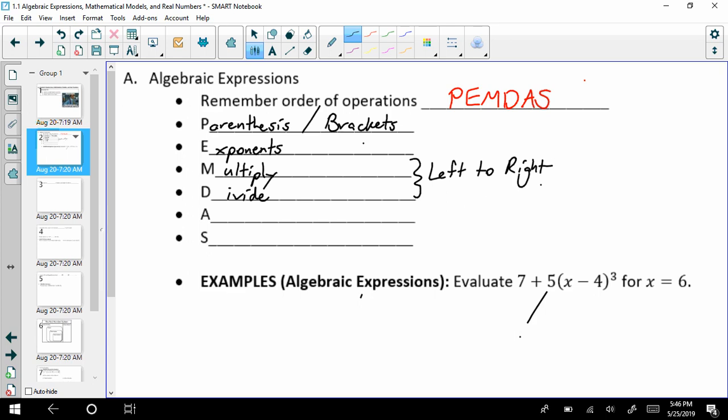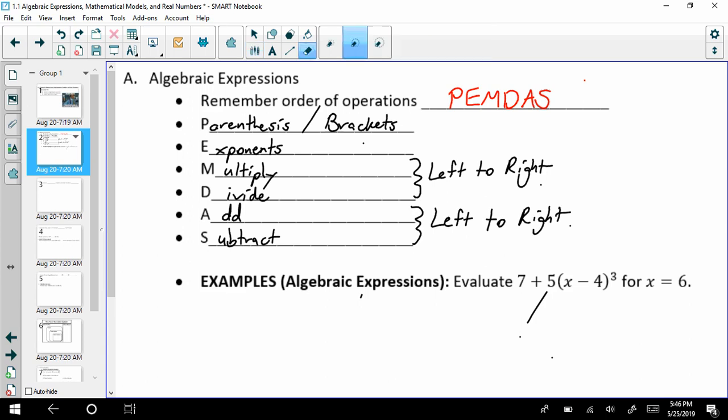And then the operations that should be saved for the very end are addition and subtraction. And again, if they both appear in the problem at the same time, just like with multiplying and dividing, we want to do them in order from left to right. So let's try an example.